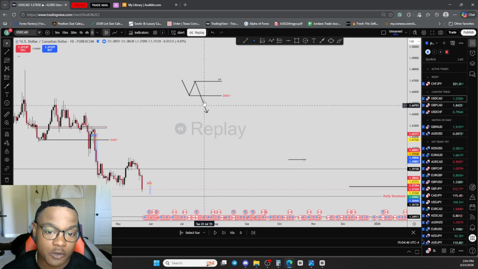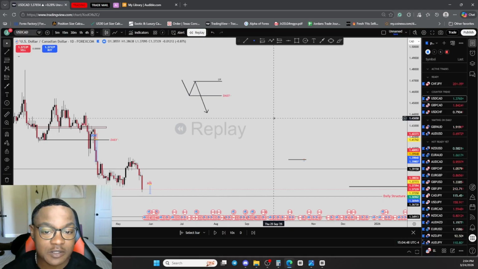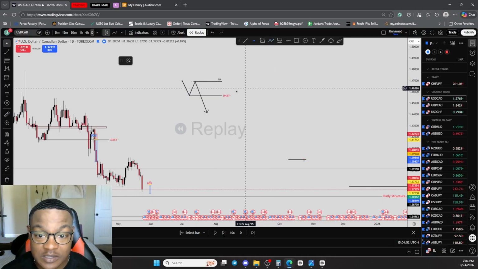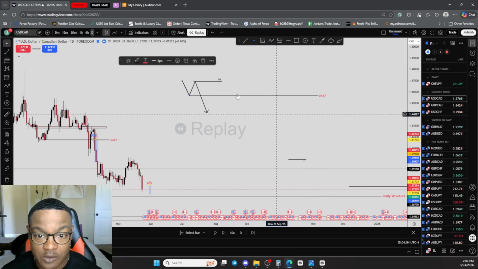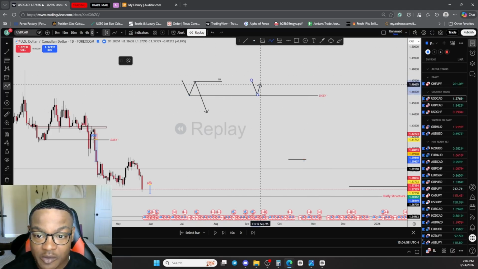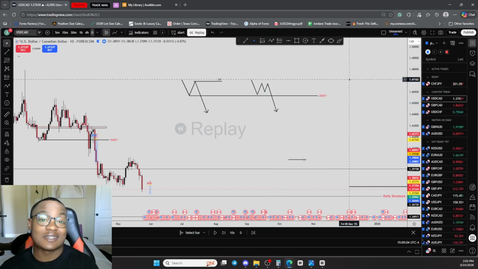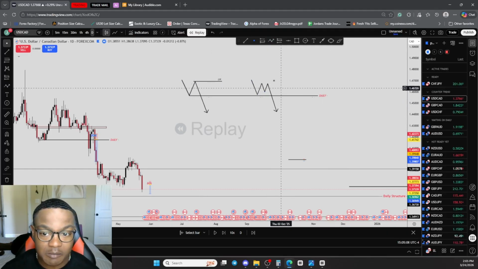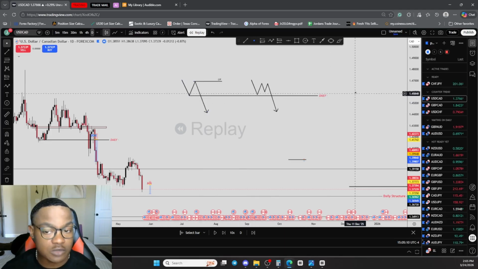What I'm looking for is basically the moment price gives us that break of structure on the daily time frame. And we're just going to drag this out like so. This is the daily time frame. I want to see my 4-hour time frame do that exact same thing. But like y'all know, each given time frame has different structure. So even though the daily time frame looks like this, my 4-hour time frame is going to look different.